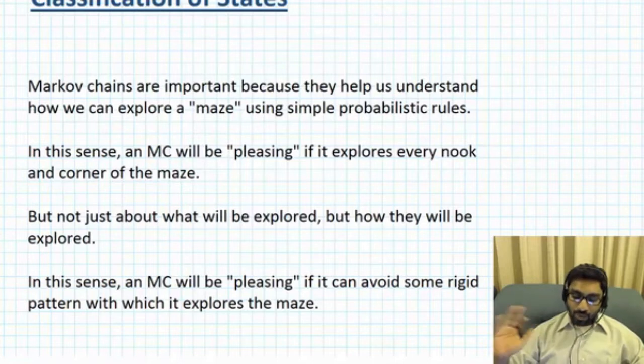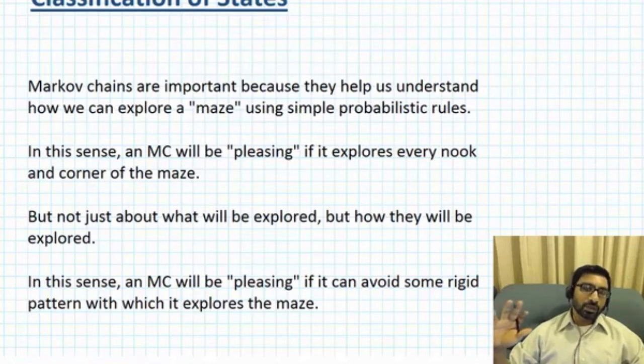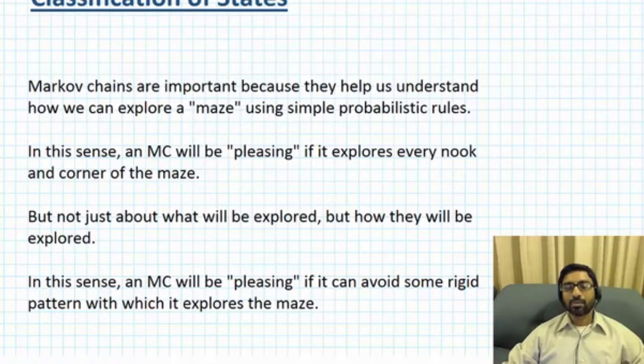Okay. One thing to bear in mind is that we are going to go through a series of definitions, but keep this philosophy of Markov chains at the back of your mind, so that these are not just a sequence of definitions, but there is some method to this madness, some underlying perspective that guides us in setting up these definitions the way they are.